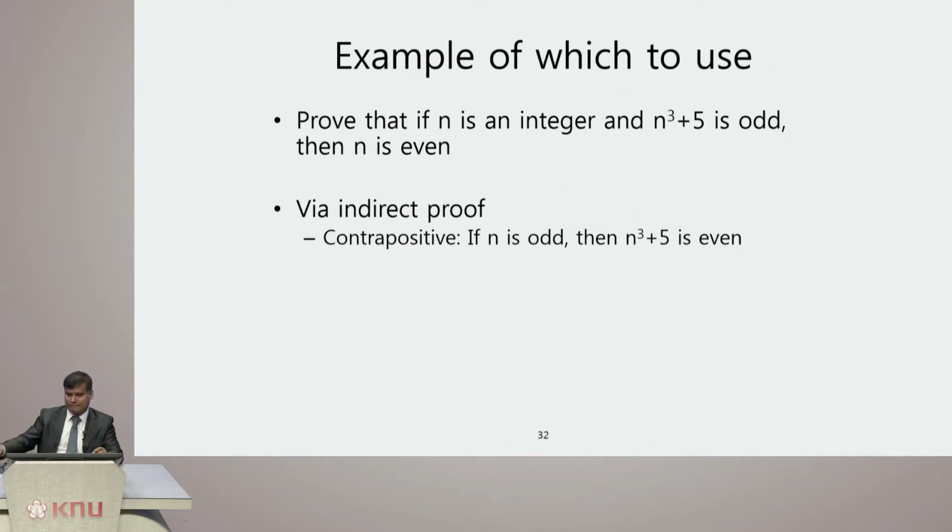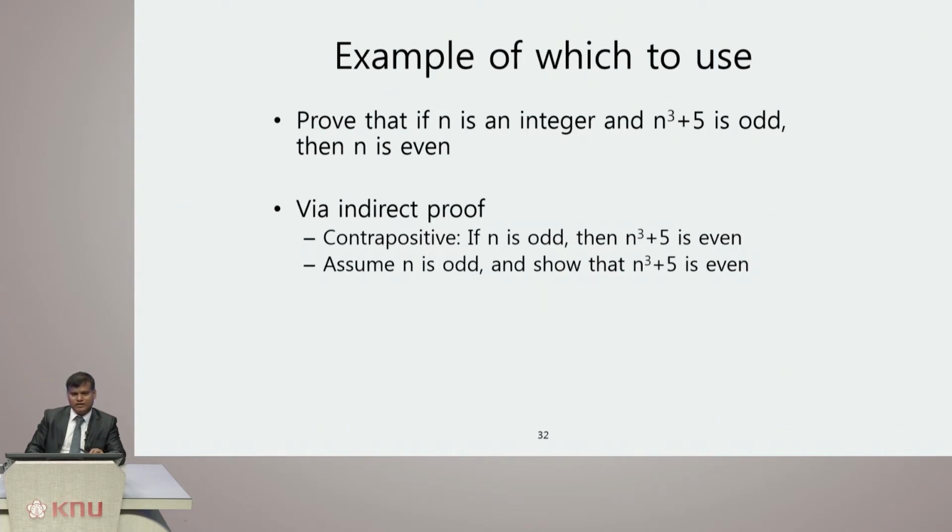If n is odd, then n cube plus 5 is even. So let's assume that n is odd and show that n cube plus 5 is even. So that's our contrapositive idea. Again, to emphasize, the contrapositive is nothing but negation of q implies negation of p.